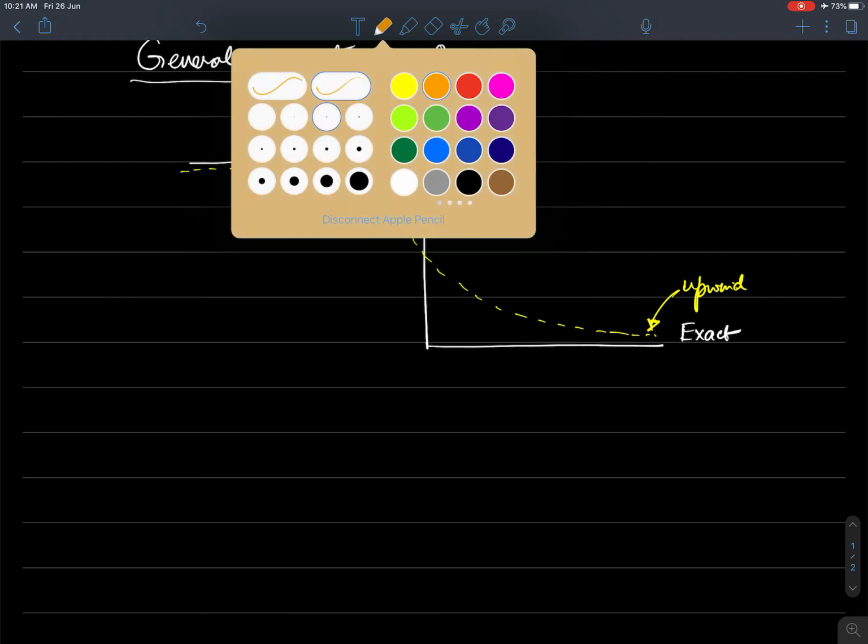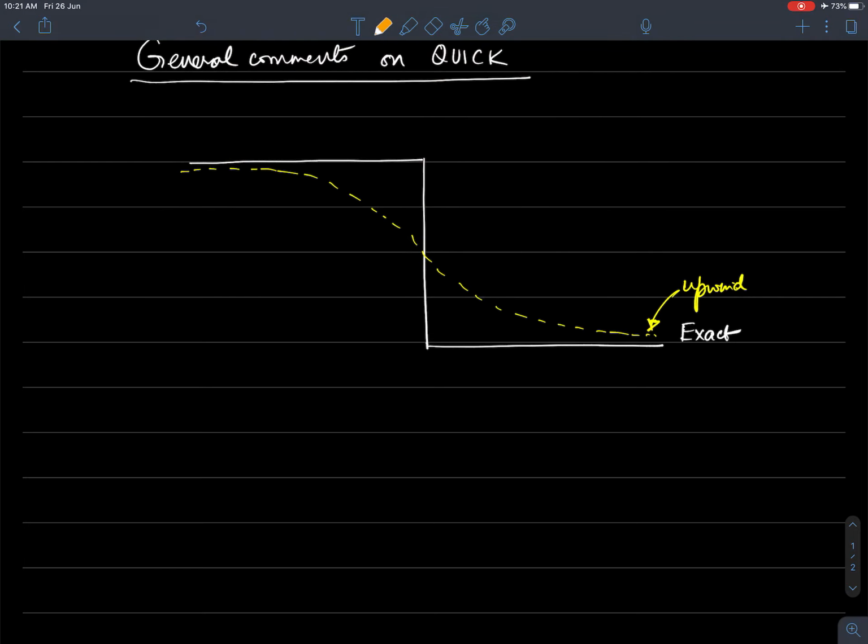Now if the same thing was to be done using QUICK, what you would notice is that the solution would actually be much more faithful to the exact solution, except you may see a small amount of oscillation in the solution.